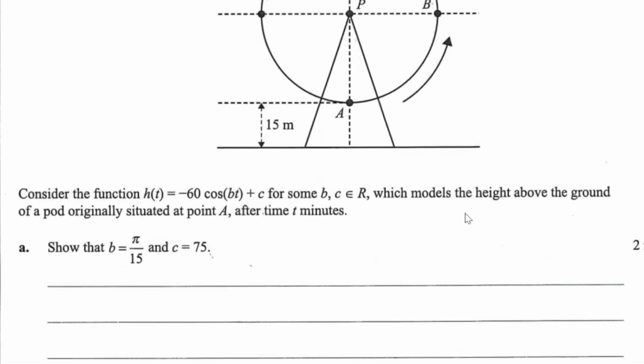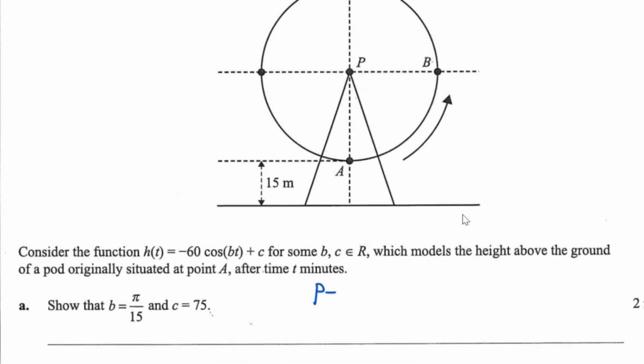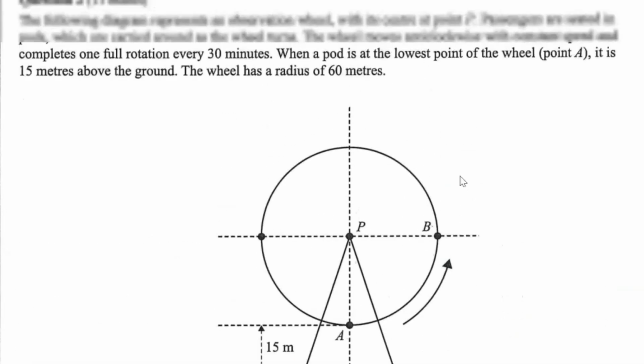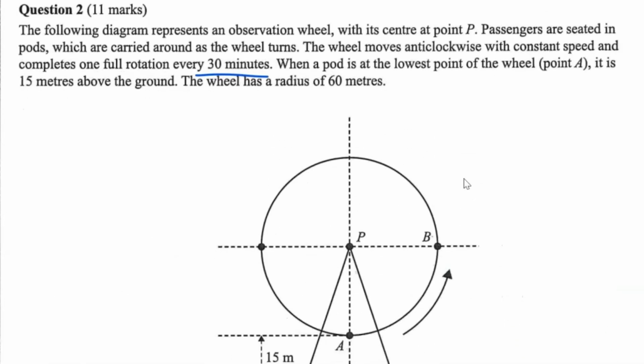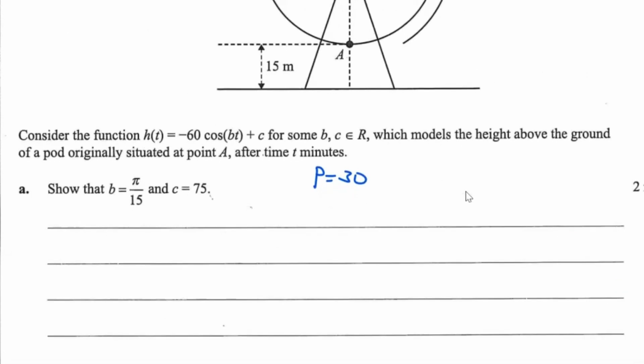So show that b equals that. So h(t) = negative 60 cos(pt) plus c. Now the period, we already know the period is 30 minutes, it's been mentioned there. And so p equals 2 pi over n. So my n value is the b. So that's going to be 2 pi over 30, which is pi on 15.